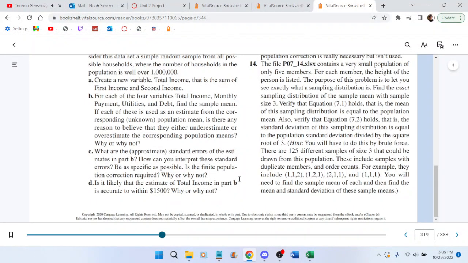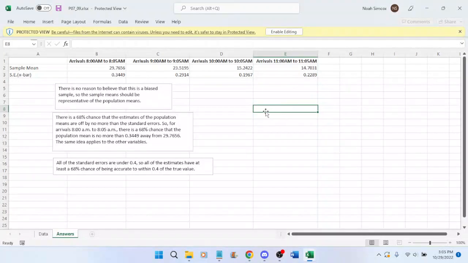Okay. So we should be able to figure that out. So standard error, we have what that means. The standard error means that there's a 68% chance that the estimate is off by no more than that. So yeah, that's pretty straightforward.